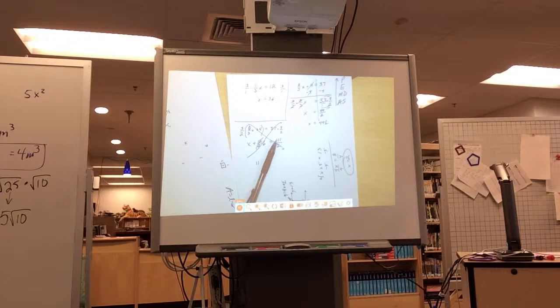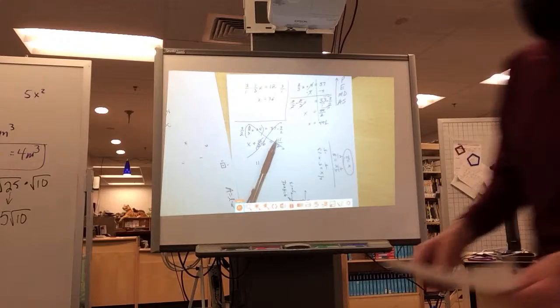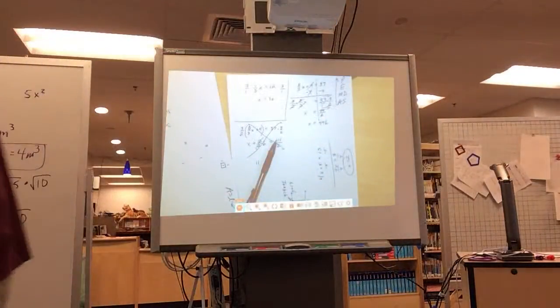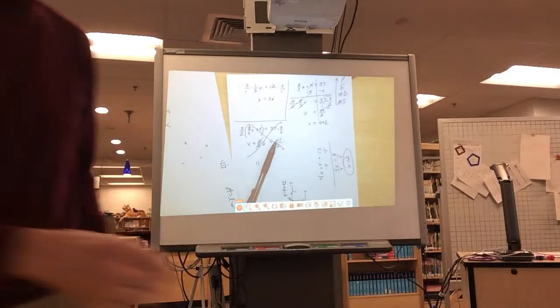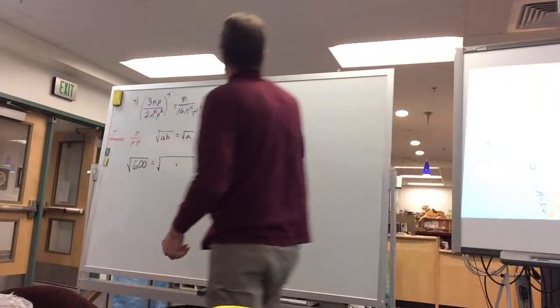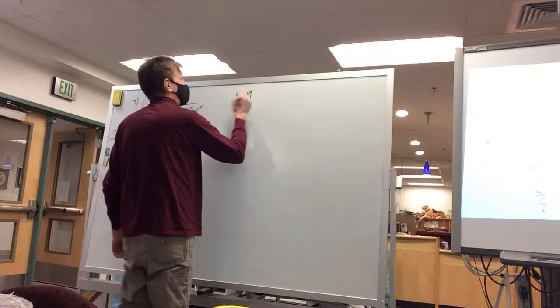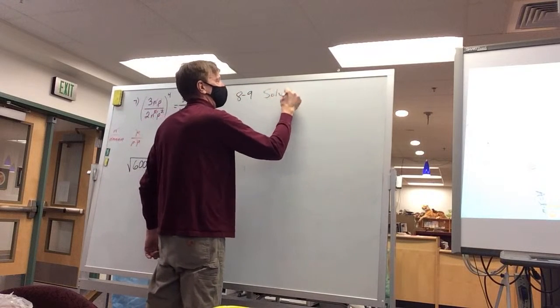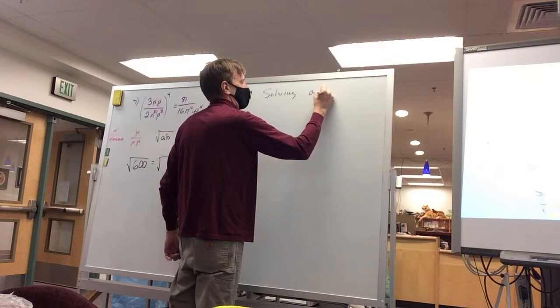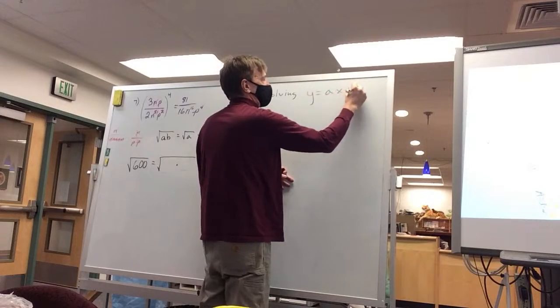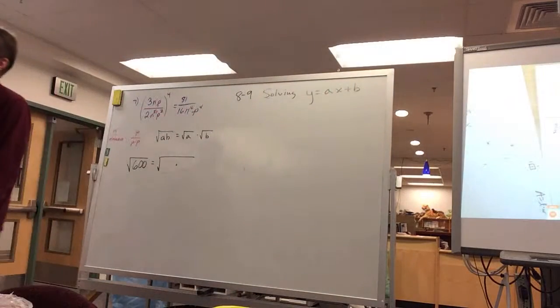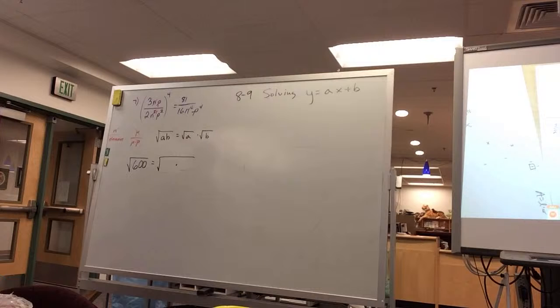So, when it comes down to these types of equations, I think the lesson title is what the first two questions are driving at. The lesson title is Solving y equals ax plus b.